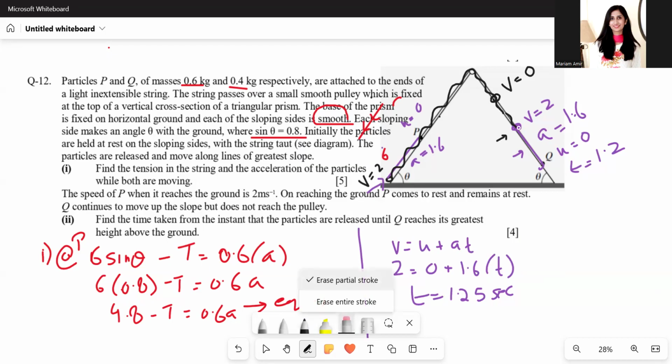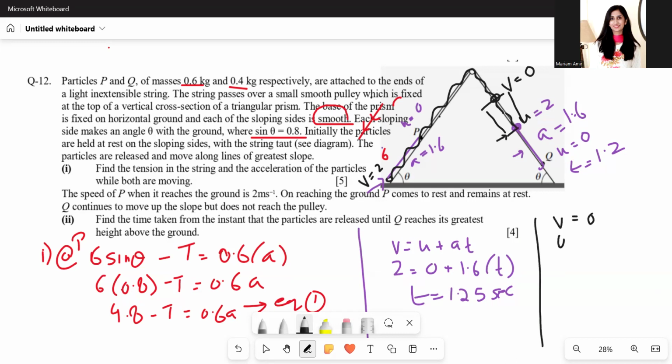So now this V will be called U. Now we're talking about this part of the journey exclusively. So for this part of the journey, V is 0, U is 2, and we need the time for this part of the journey. But we're missing acceleration for this part of the journey.